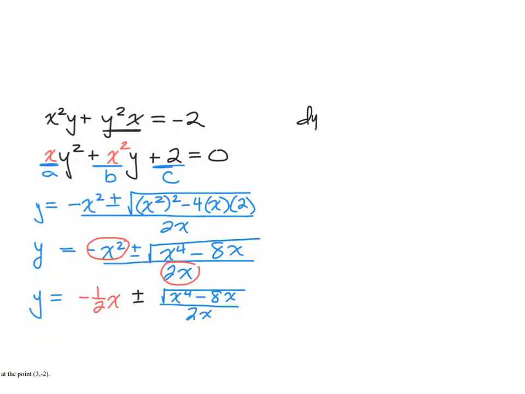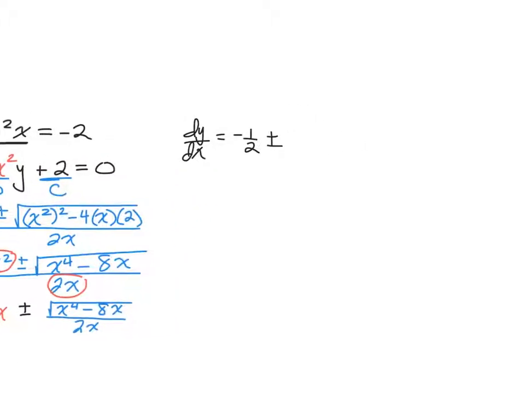So dy dx would be equal to negative 1/2. That's the part that becomes easy because of the simplification. But then the other part, plus or minus, would involve the quotient rule, all right? Unless you want to bring the bottom up and make it a little product chain rule action. I don't think it really makes a difference either way.